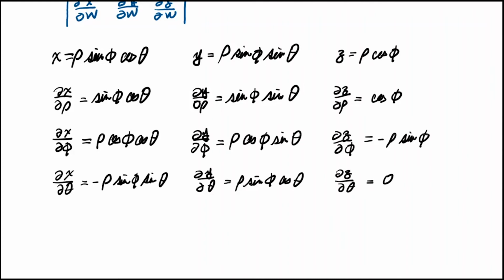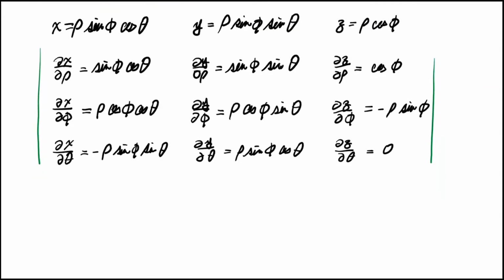Okay, determinant, you just imagine this gigantic determinant in here. You know what I'm saying? Okay, so let's do it. So the Jacobian of x, y, z over rho, phi, and theta is equal to, which one should we take as a minor?